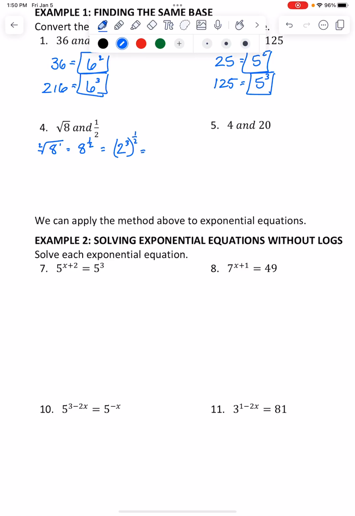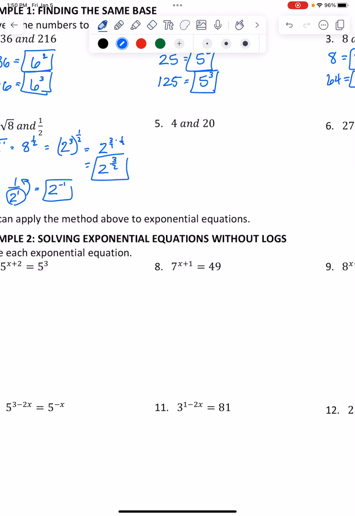This is a power to a power, so we multiply. So this is 2 to the 3/2. As for 1/2, remember this is just 1/2 to the 1st. If we want it to be base 2, we need to shift it up to the numerator, so we change its sign. So 2 to the -1st and 2 to the 3/2. Now the bases are the same, okay?